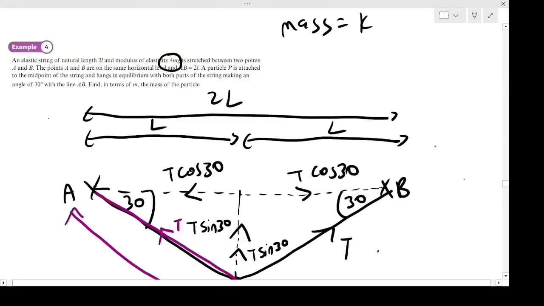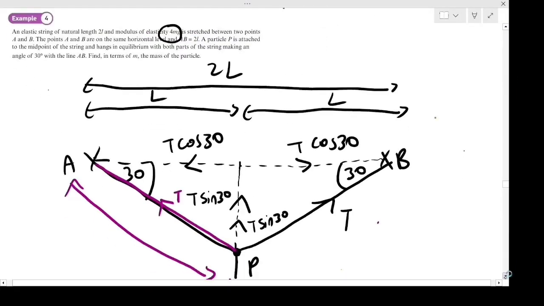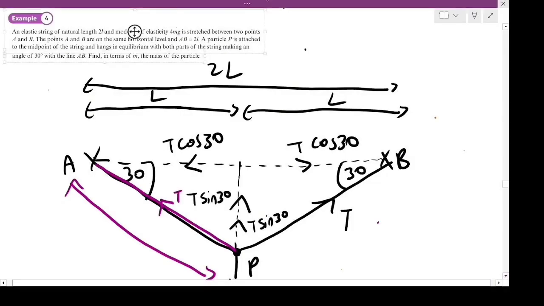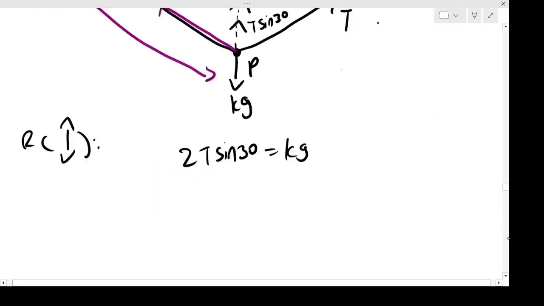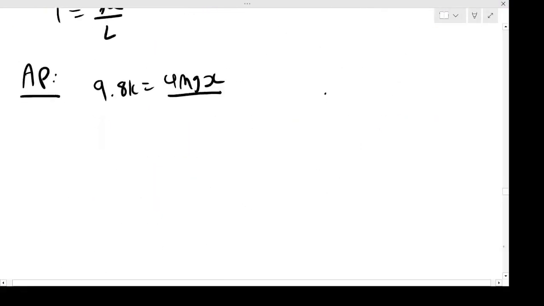Now, as I just discussed, we're only dealing with one half of the string, from A to P. So we're going to be halving the total natural length, because remember the whole string goes from A to P, then P to B. I'm only doing A to P here, so it'd be half the natural length. So it would just be L. So therefore 9.8K lots of L is 4mgx. Okay. And so there we are.